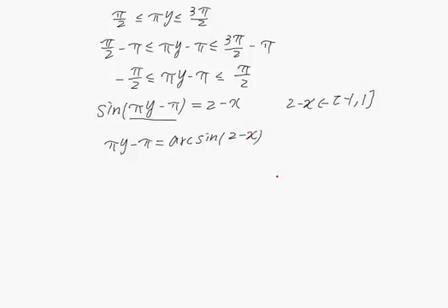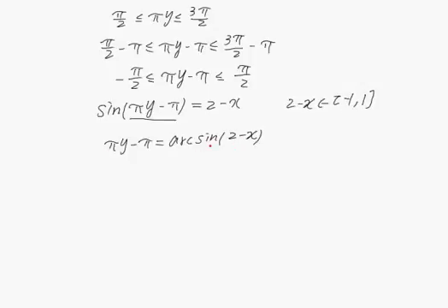And this holds because pi y minus pi is between negative half pi and half pi, which is the range of the inverse sine. And also 2 minus x is between -1 and 1, which is the domain of this inverse sine.